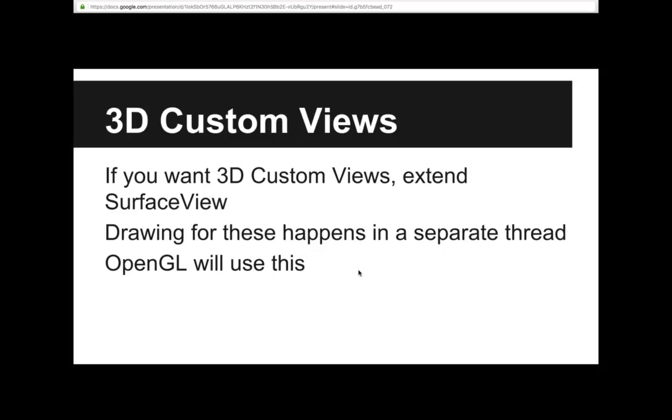So this instead is extending the surface view, not the view class, but the surface view. And the drawing happens in a separate thread, and we can use OpenGL for our custom views. If you have a 3D model, I haven't tested this on Android, I've done it with iOS, but if you have a 3D model, you can put that in.